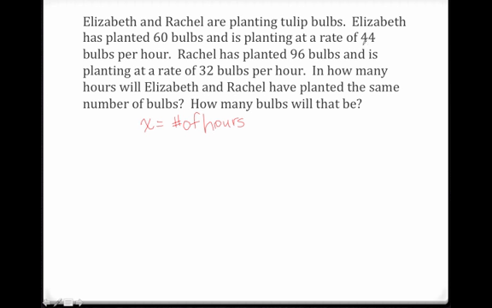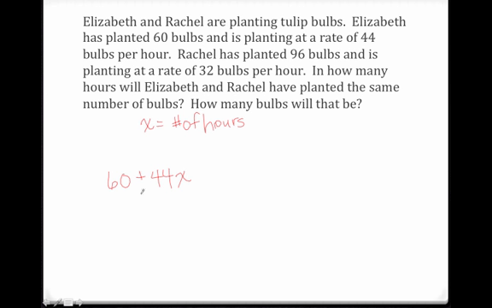So Elizabeth's planting faster, but she got started behind. Rachel got ahead, but is planting slower. So we want to see after how many hours would they have the very same number of bulbs. Well, I'm going to figure that out by setting up an equation. I've got Elizabeth as being 60 bulbs. That's what she started with. And then I've got 44 bulbs per hour.